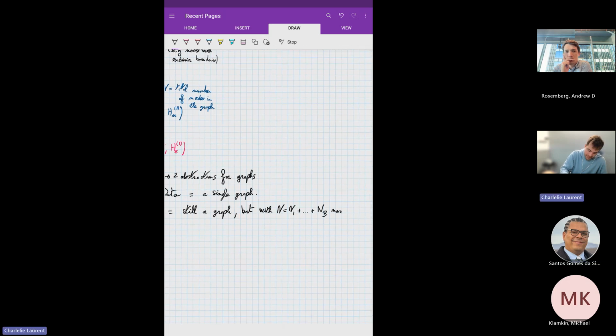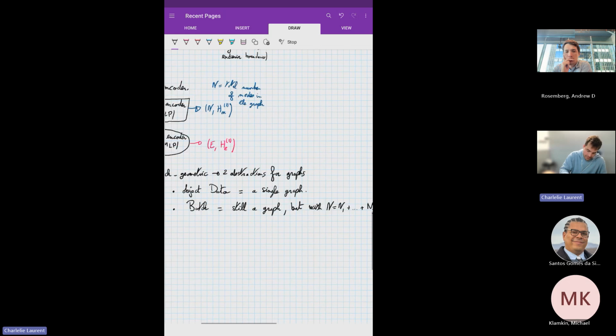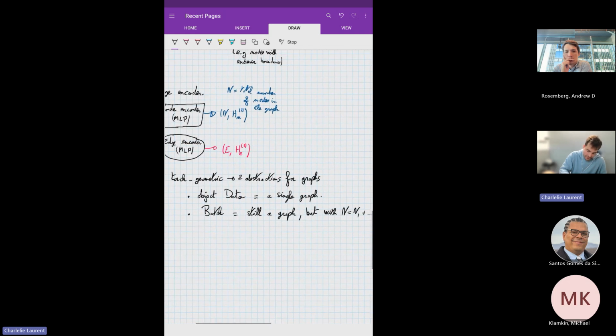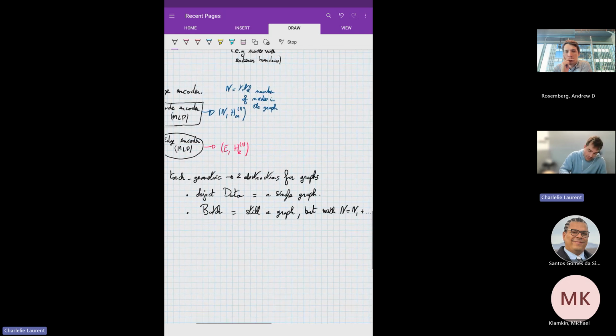So that's something to know about Torch Geometric, and you can still access the graph to which a node belongs using the batch attribute.